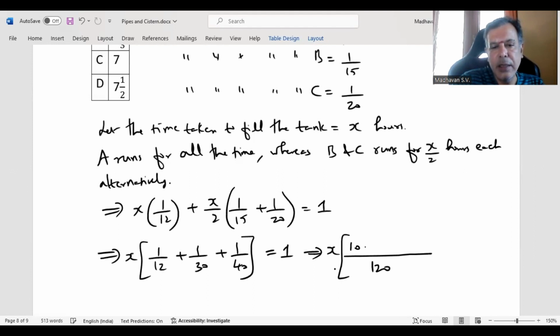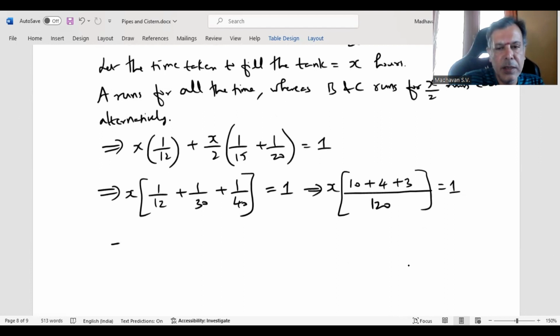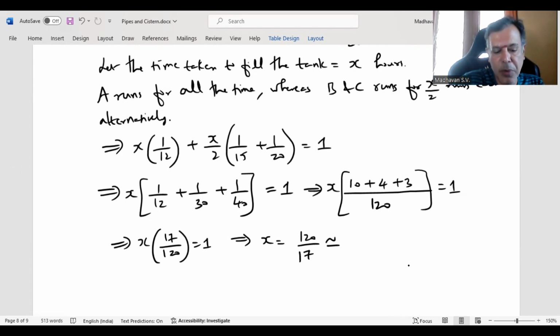So this will be 10. This will be 4. This will be 3 equated to 1. Which means that x times 10 plus 4 plus 3, 17 by 120 equal to 1. And that means x will be 120 by 17. If we calculate approximately, it will work out to 7 hours. So that is the solution of this.